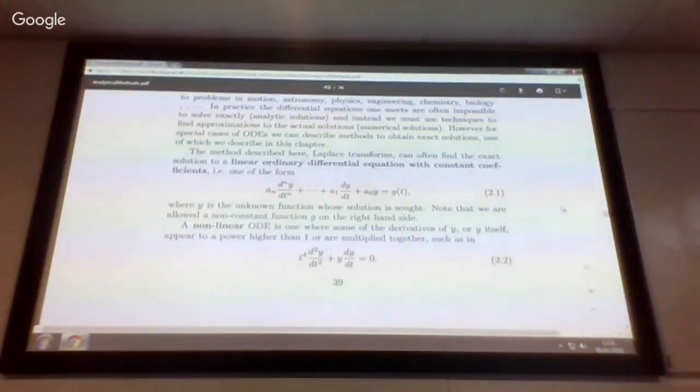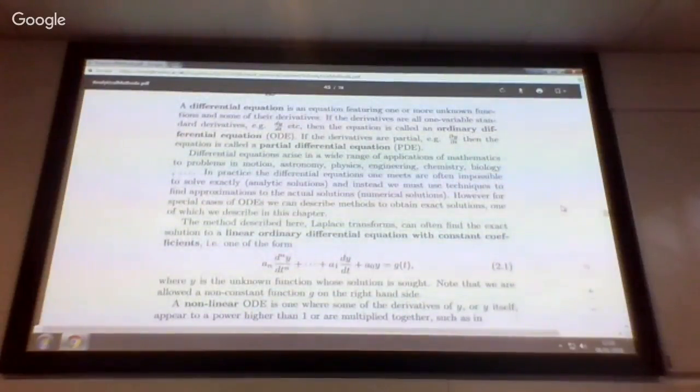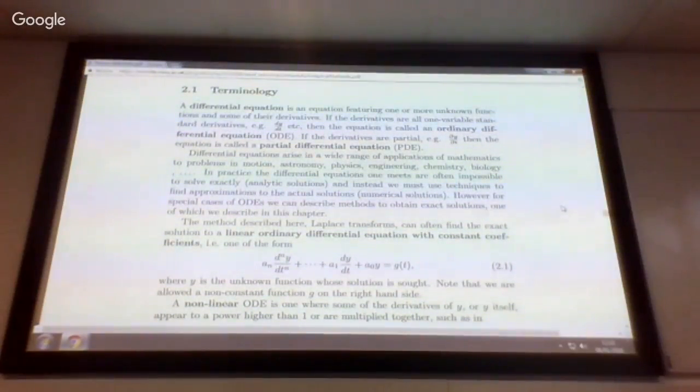Now, there are many different techniques for solving differential equations. We should say that they divide into 2 main camps called analytic solutions and numerical solutions. Not all differential equations can be solved neatly on the page to produce a nice formula for the solution.